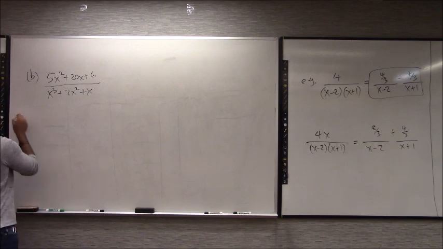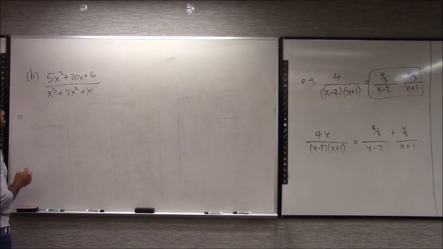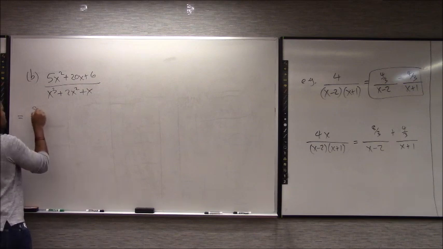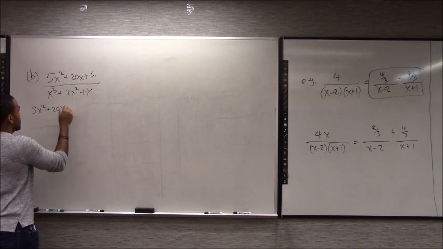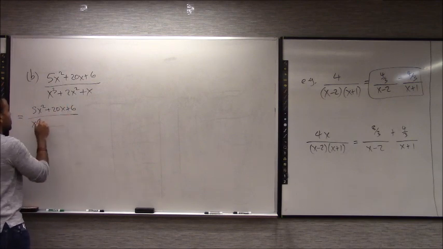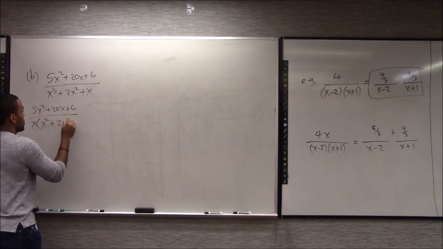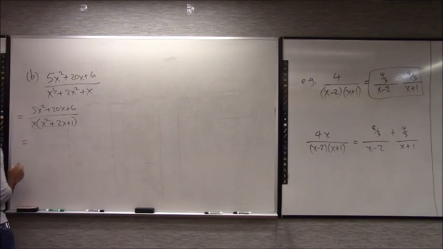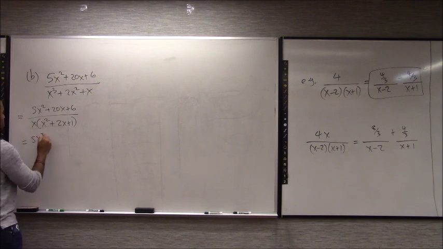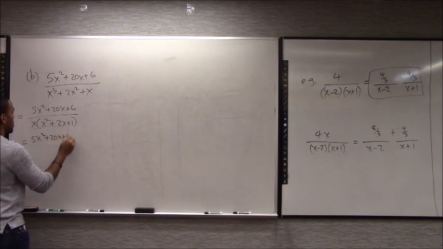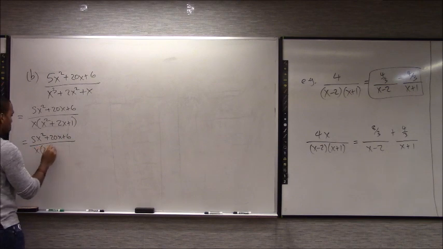So now I can jump into partial fractions. What do I need to do then? What I did was I first factored out x from the denominator. And then from there I factored out x squared plus 2x plus 1, which is x plus 1 and x plus 1, or x plus 1 squared.